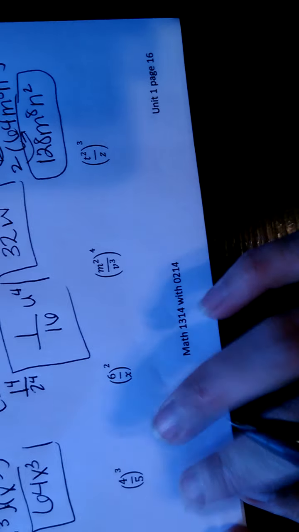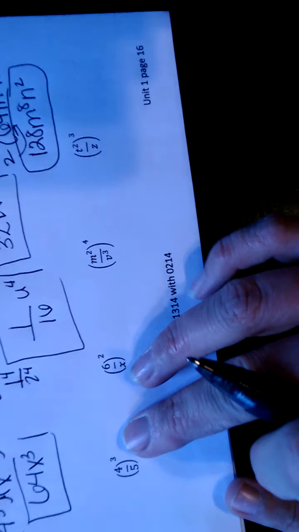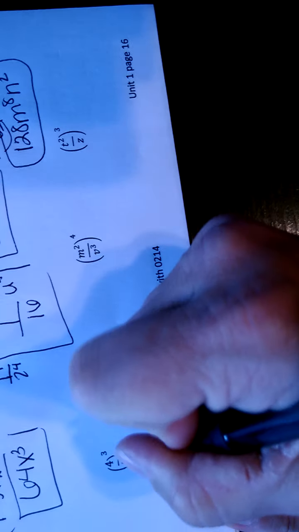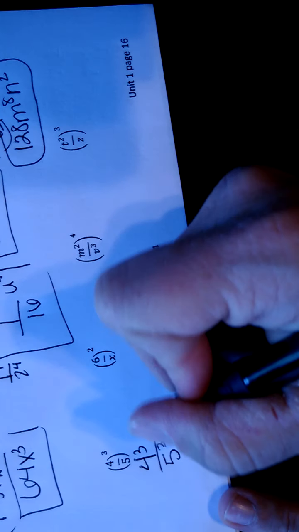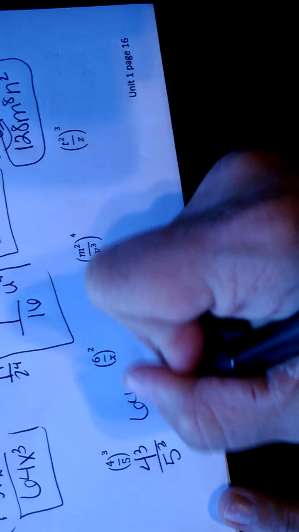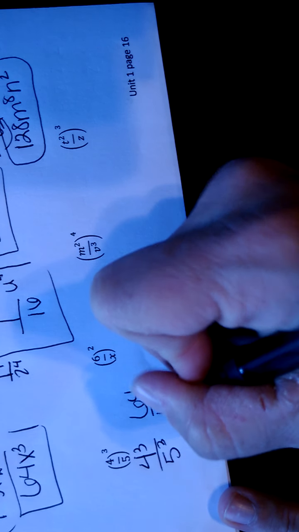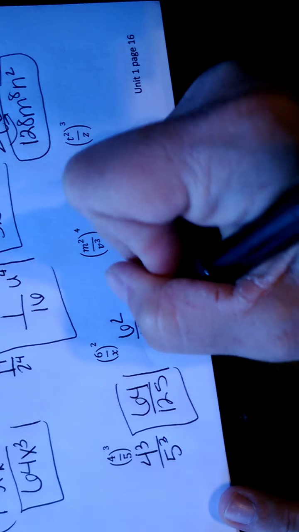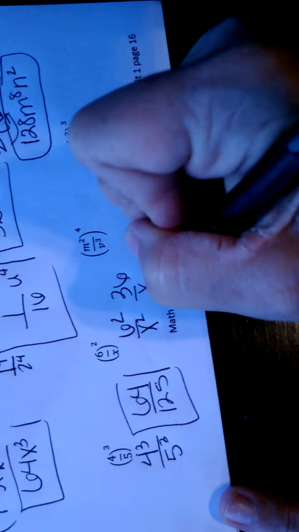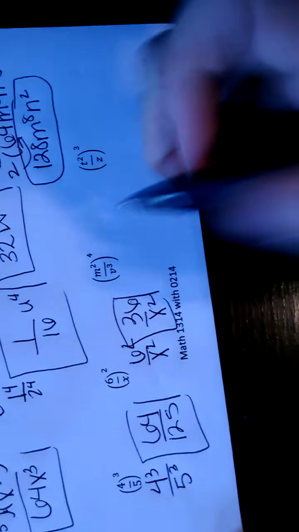All right, here you have a fraction, 4/5 being raised to the third power. So we want to be sure and cube both numerator and denominator. So 4 times 4 times 4 will give me 64. 5 times 5 times 5 will be 125. 6 squared over x squared will be 36 over x squared.